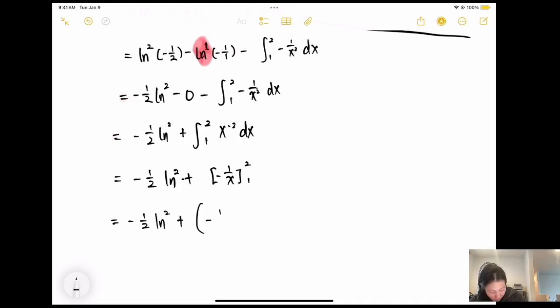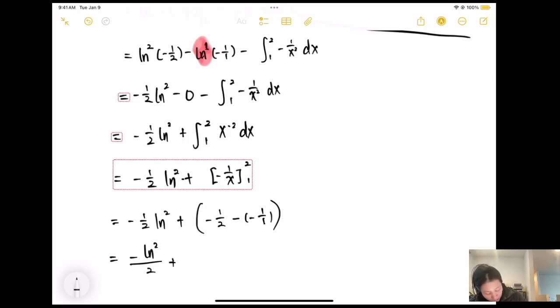So I have negative 1/2 minus negative 1 over 1. Simplify all of it. So this will become plus 1. I have negative ln of 2 over 2 and then plus 1/2. So that's it. That's for number 10.